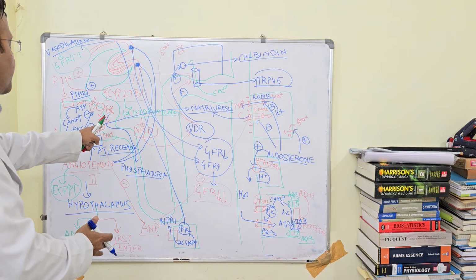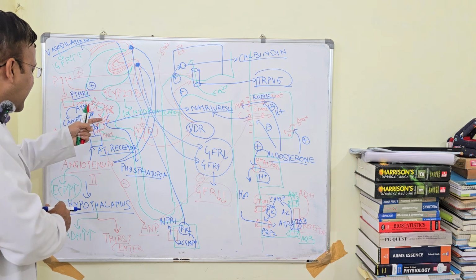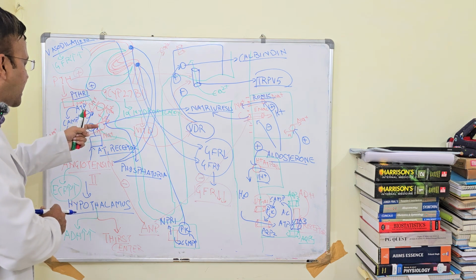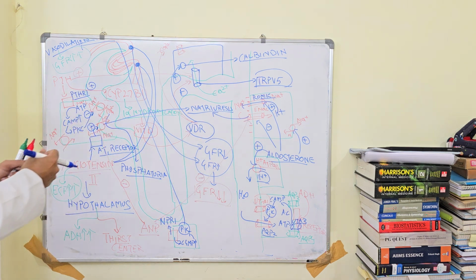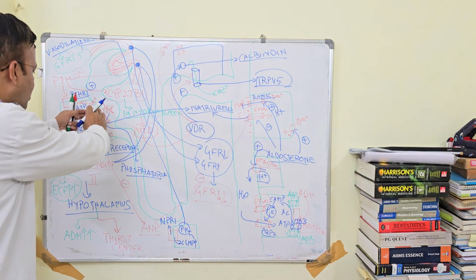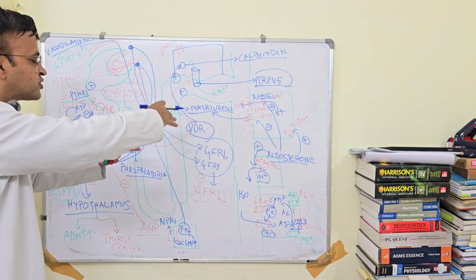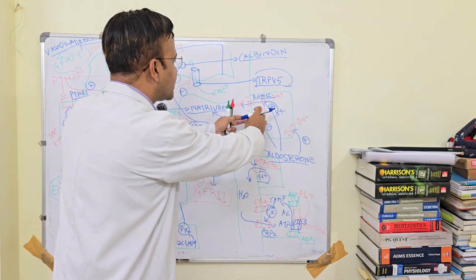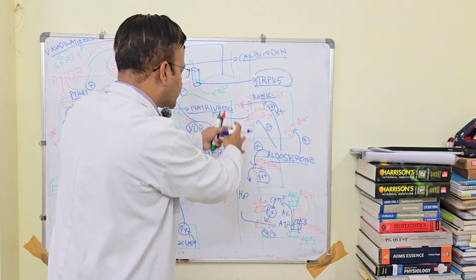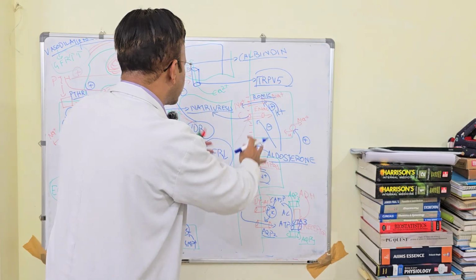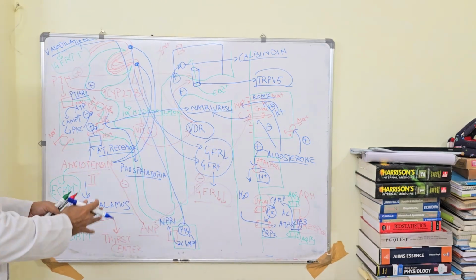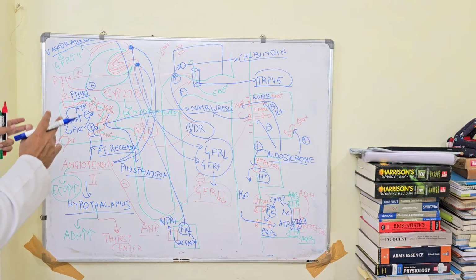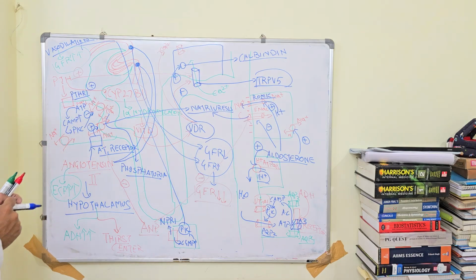It is reducing the activity of the sodium hydrogen exchanger, so no more sodium will be reabsorbed, the water won't come back, all this will stay inside the tubule and be excreted out. So natriuresis. These ENaC channels won't reabsorb sodium, sodium will stay here, and sodium and water will be excreted out. So all the actions are leading to natriuresis and reduction in the ECF volume.